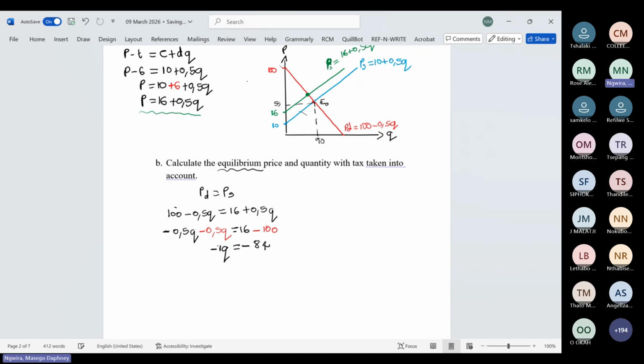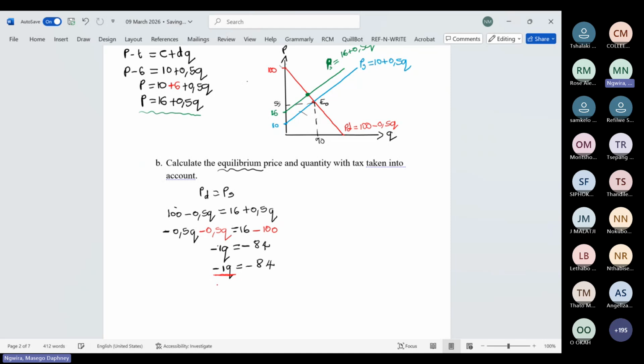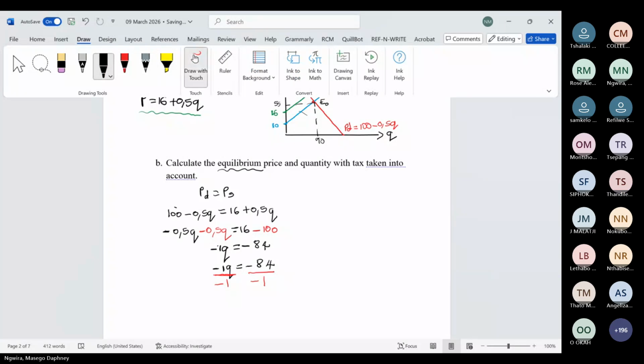And then now I want to remove this negative one, so I'm going to rewrite this step. Please bear with me. I'm trying to show others. I know you can do it, but don't mind my long method. So it's negative 1 divided by negative 1 because we want to cancel this negative 1.